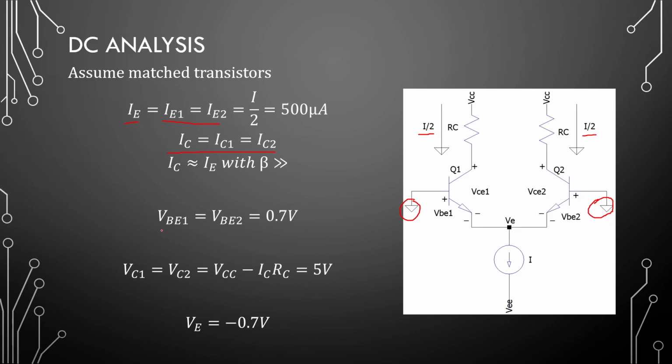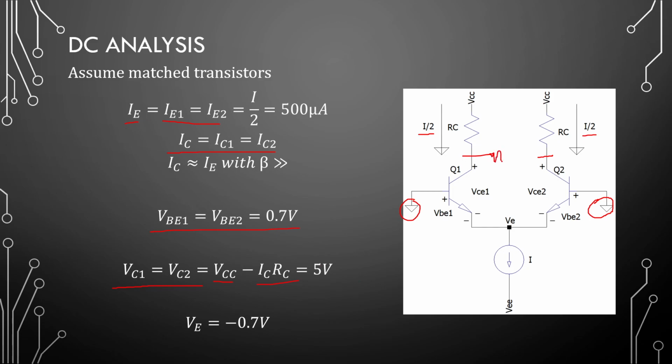Right, if our transistors are matched, it means our VBEs will be exactly the same, and our collector voltages, so one here and one here, must be exactly the same. So VCC minus ICRC is 5 volts.